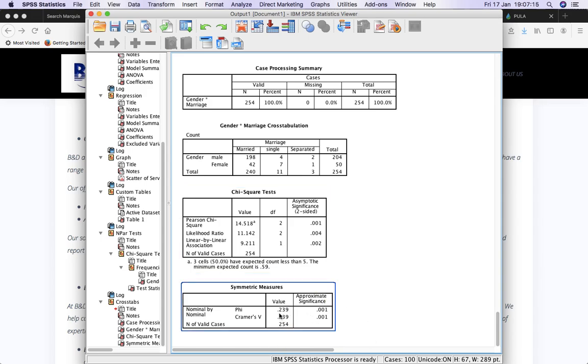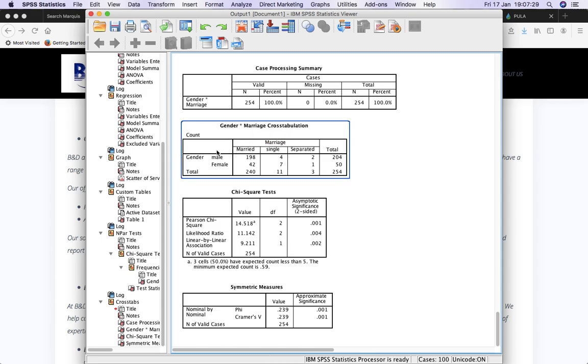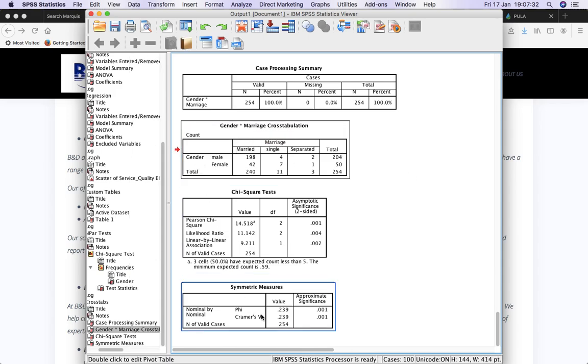I think the Cramer's V will give you this measure, the percentage. If I told you which was the dependent and which was the independent, maybe marriage depends on gender. Male was 1, female was 2.